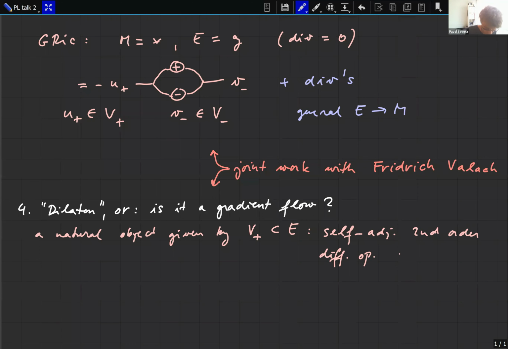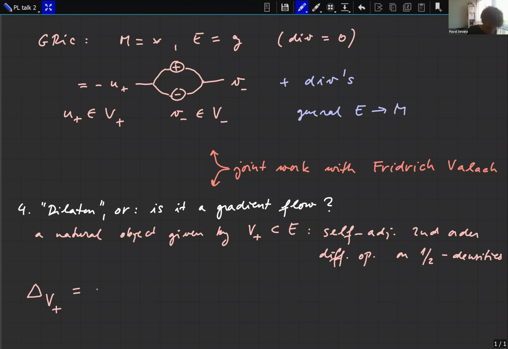So it exists, one can write down a nice differential operator. This time I will write you a formula. I'm not sure how happy you're going to be about the formula, but just to show you that we also have some formulas.